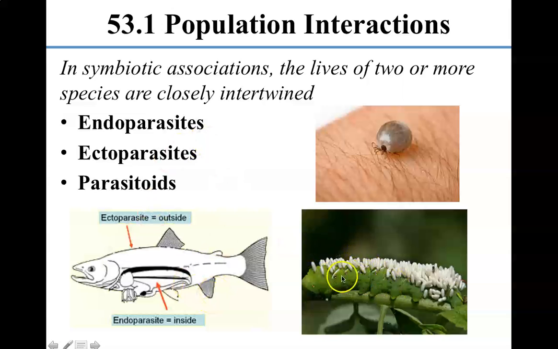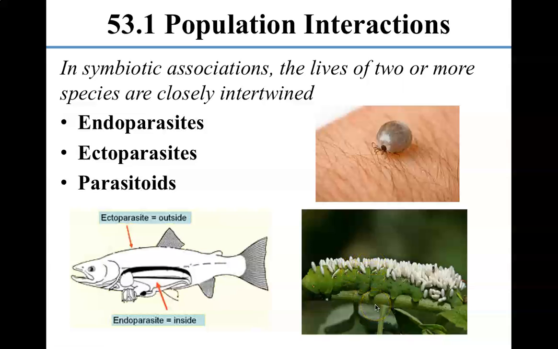Here's the caterpillar, the green guy, and here are the parasitoid eggs. The wasp laid all these eggs on the outside. The wasp larvae hatch out of the eggs and crawl into the caterpillar and eat it. They're acting like a parasite in that they're stealing resources from the caterpillar. They're also acting like a predator because the larvae will kill the caterpillar, so it ends up dying.